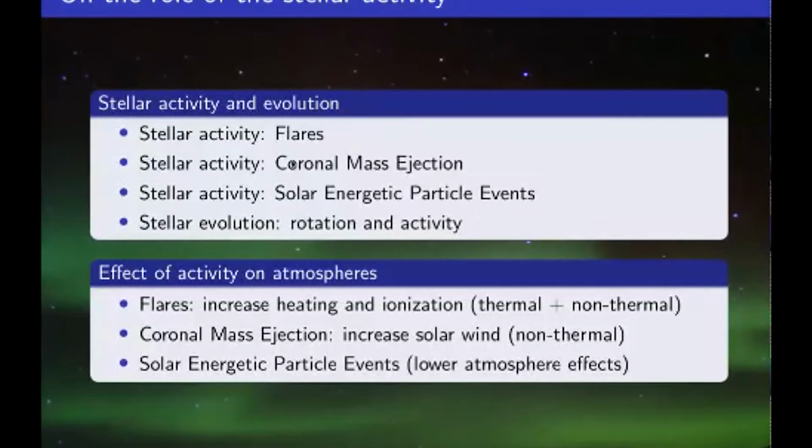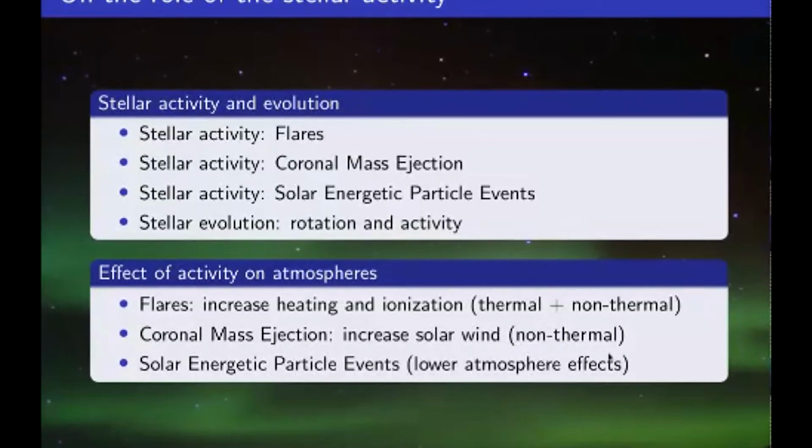coronal mass ejections and solar energetic particle events will have a variation with time, a variation of their frequency and a variation of their intensity. And the flares, for example, increase the heating and ionization, so decrease thermal and non-thermal escape. Coronal mass ejections increase the solar wind, so it typically increases the non-thermal escape.